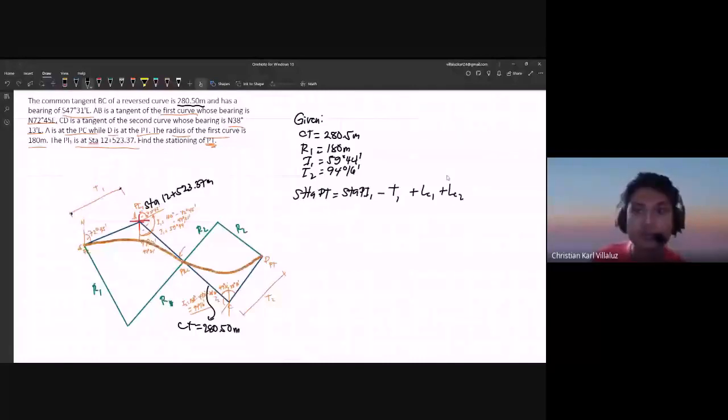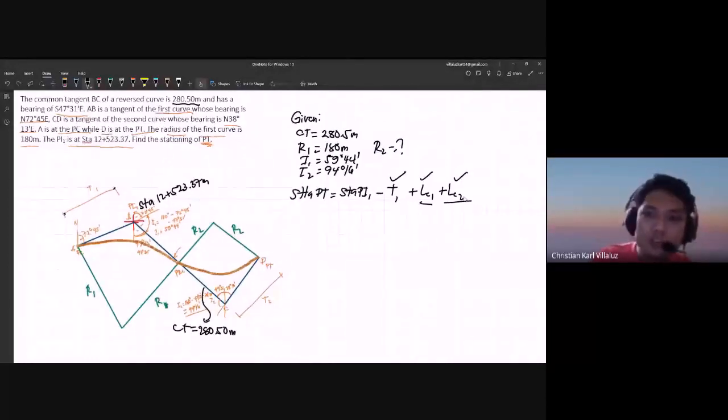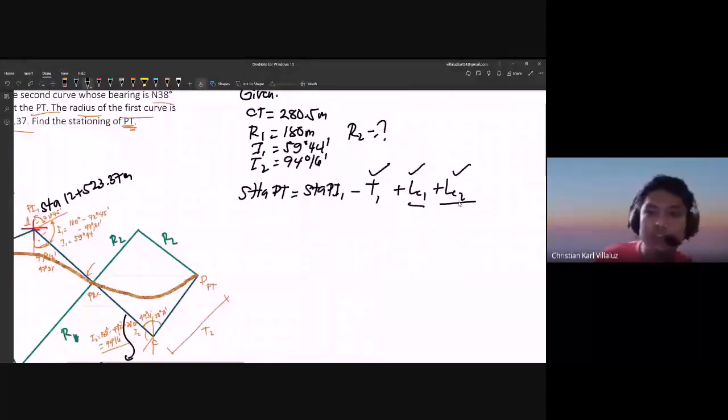So, ganun lang class. T1, kaya na nating identify, and the length of the first curve, kaya na din, but the second curve, hindi pa natin kaya since wala pa tayong radius of the second curve. So, hanapin muna natin yung radius of the second curve from the common tangent.